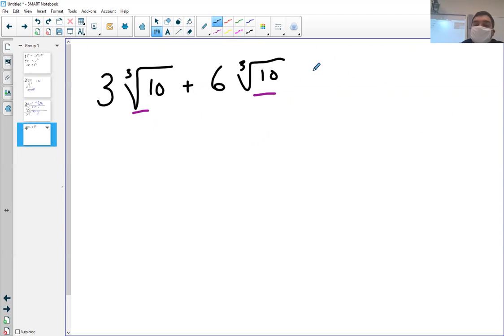So 3 plus 6 is going to result in 9 cube root 10. You do not add the thing on the inside, you only add the things on the outside. You could think of it as like a variable, kind of like the basis, if you want to think about that. They have to have the same exact base. So they're both to the cube and they both have a 10 inside. Okay. Yes. If it doesn't match, then you can't combine them and you just stop.